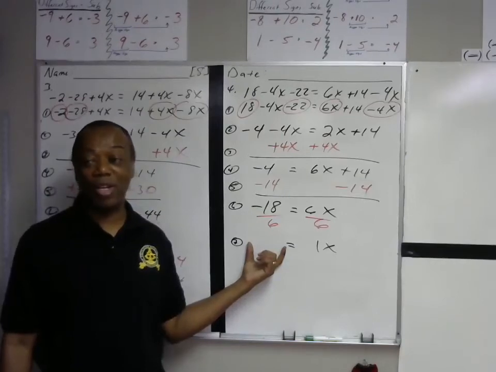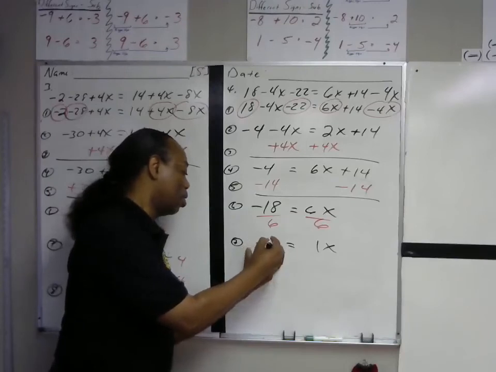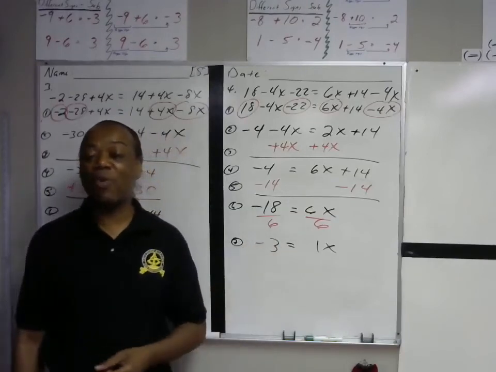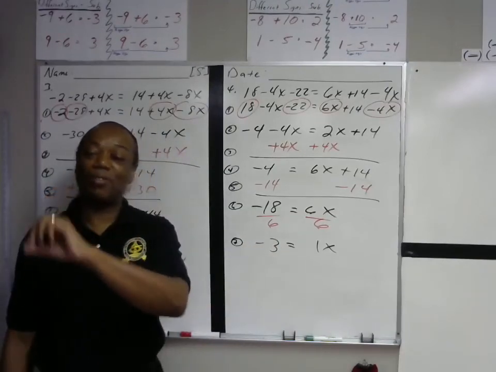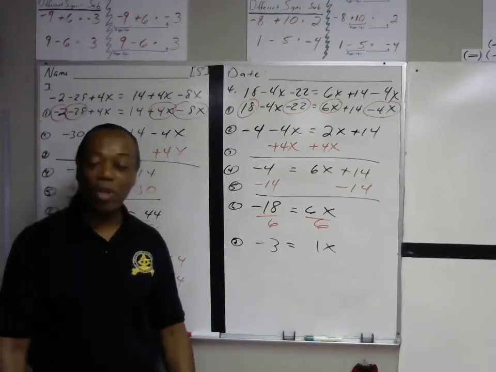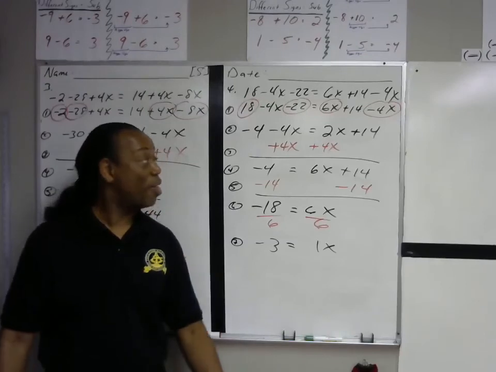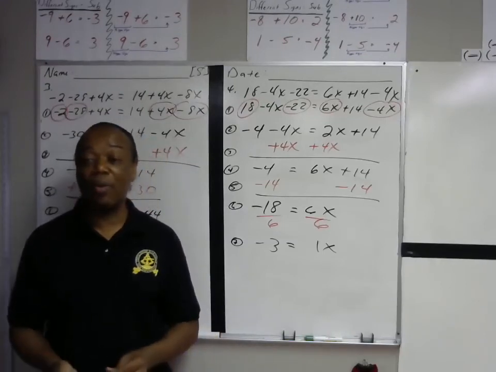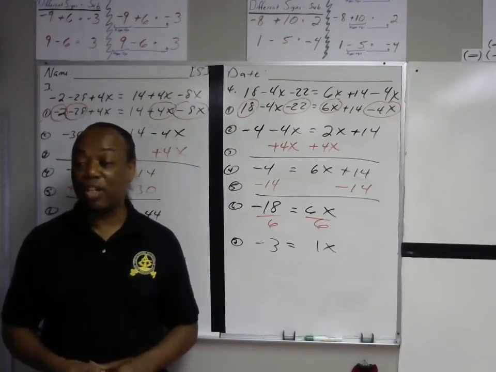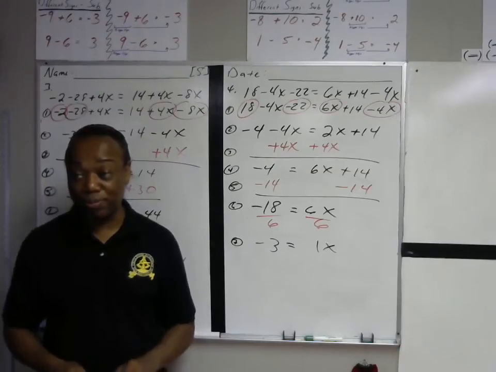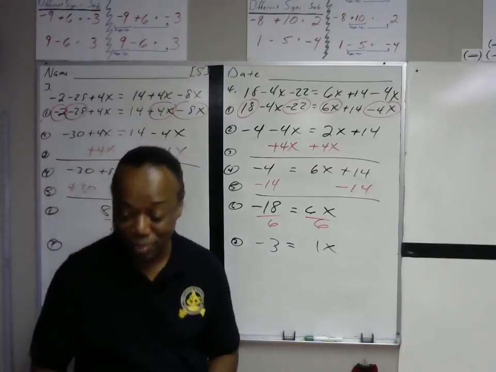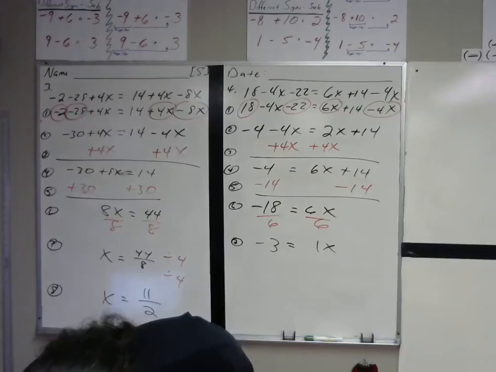The answer is not 3. It's negative 3. I even wrote on your papers, forgot the negative. I gave you a little face for it too. All right, that is it for column 1. Good luck on column 2 and 3. Don't forget the negative.